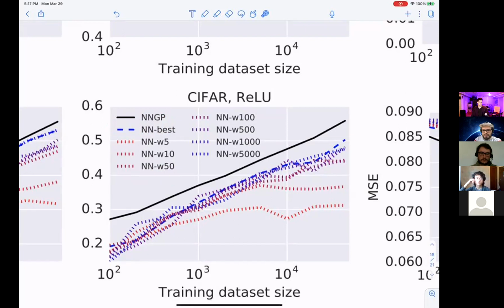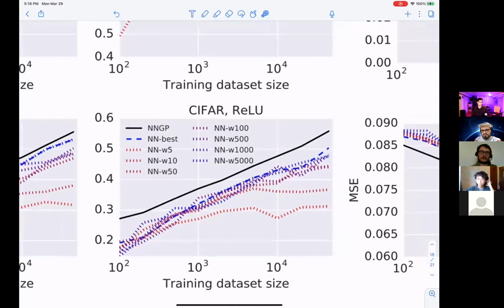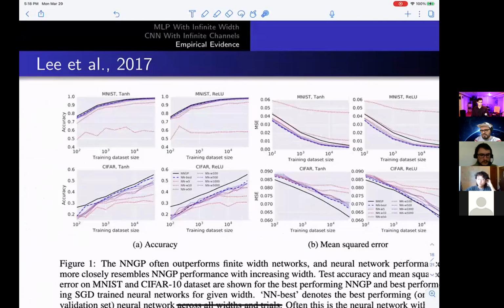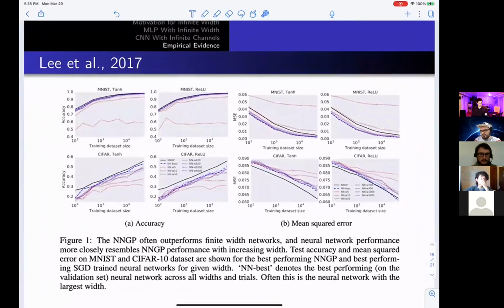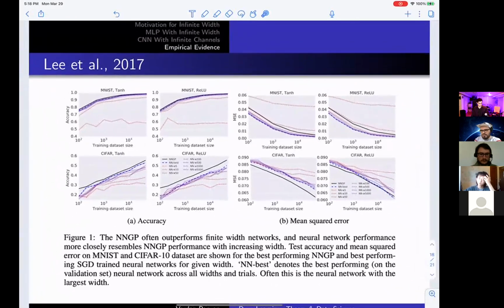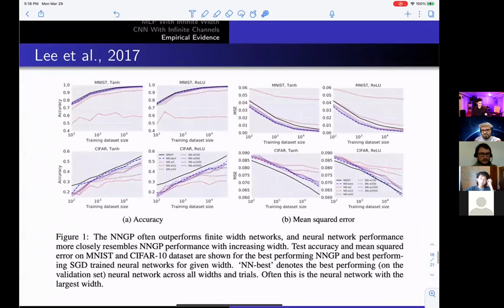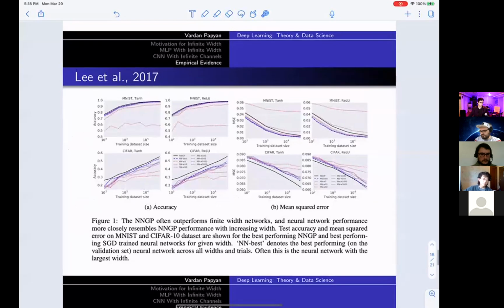The black curve is what happens if you calculate analytically the prediction of the network. If your network is of infinite width, you can calculate what the network is going to predict once the number of weights tends to infinity.